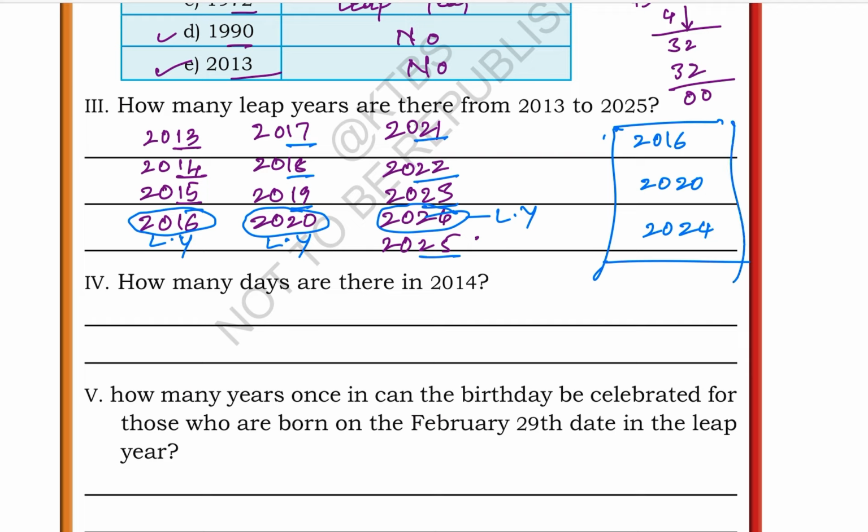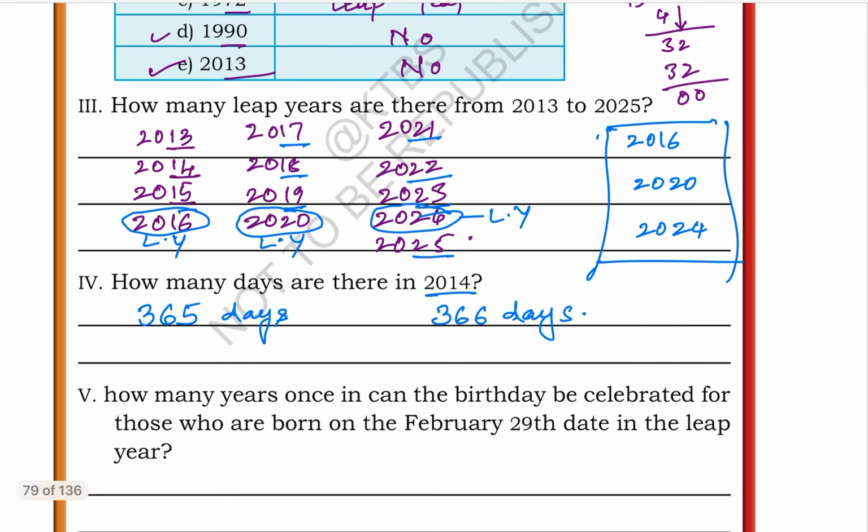How many days are there in 2024? How will you say how many days? We have only 365 days in a year. If it is a leap year, then we have 366 days.